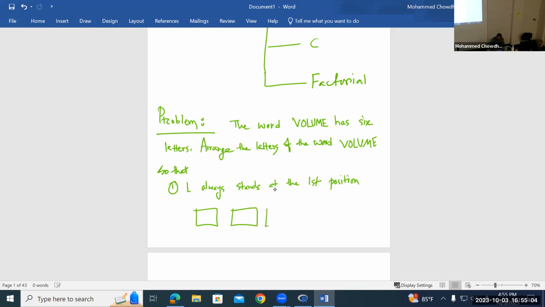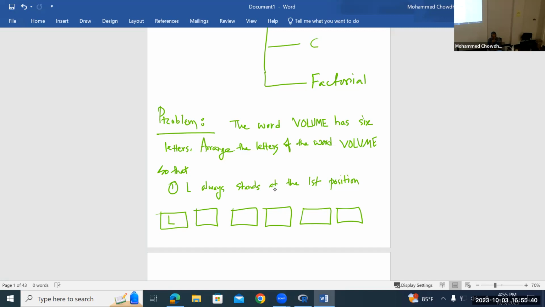Now, 1, 2, 3, 4, 5, 6, right? And the first position is L, right? How many letters are remaining? 5. I want you to tell me in terms of formula. L is always in the first position.